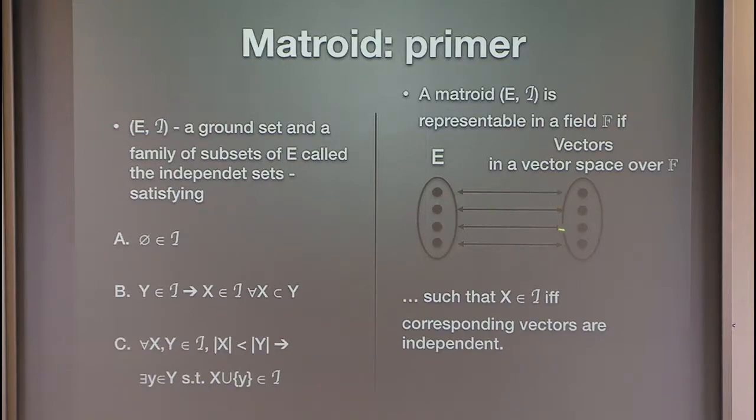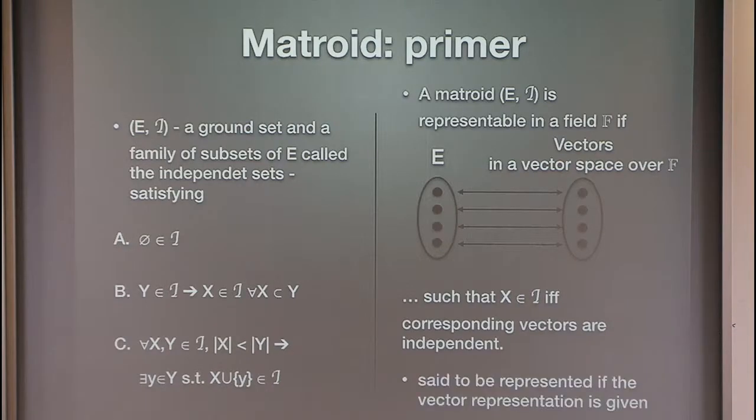This bijection should satisfy that whenever a subset is an independent set, then the corresponding vectors are an independent set in the usual sense. If a matroid has a way to be represented by vectors in this way, it's called representable over a field F. And if the vector representation is already given, we say it's a represented matroid.